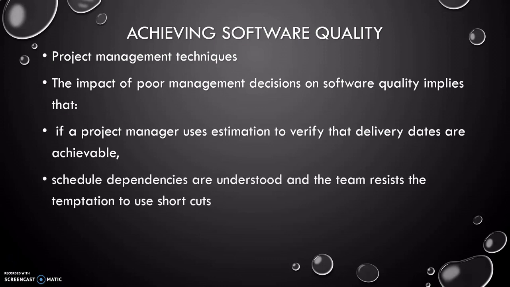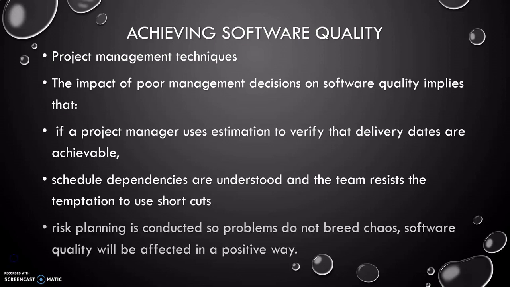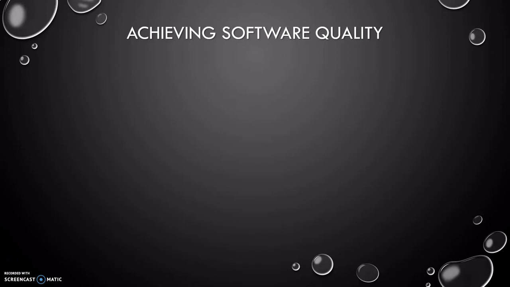Then schedule dependencies are understood and the team resists the temptation to use shortcuts to achieve the schedules. Then risk planning is conducted so problems do not breed chaos, and software quality will be affected in a positive manner. So first of all we have to plan the risks which we will encounter while developing the software.